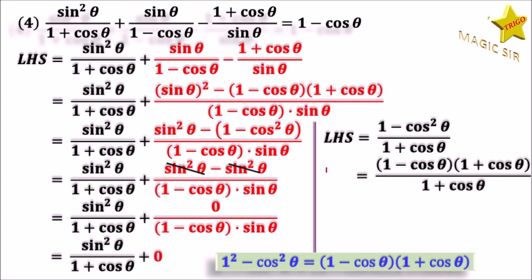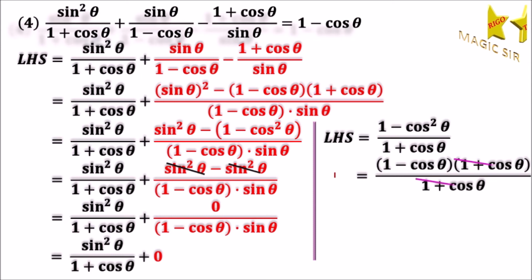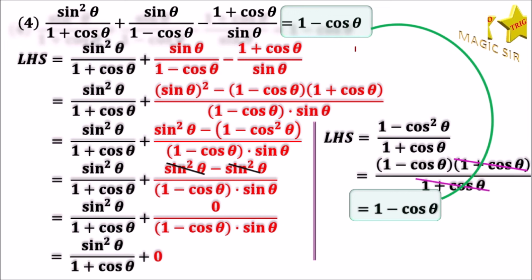So LHS is equal to 1 minus cos theta into second bracket 1 plus cos theta divided by 1 plus cos theta. Here 1 plus cos theta cancels out, leaving us with left hand side is equal to 1 minus cos theta. Here we can observe that the left hand side is equal to the right hand side is equal to 1 minus cos theta.